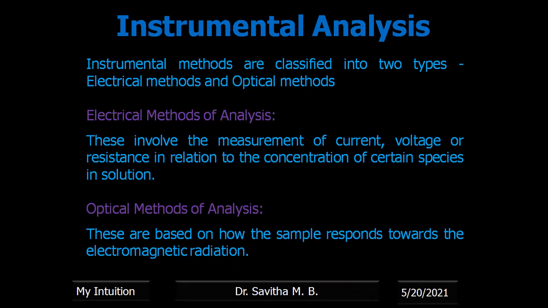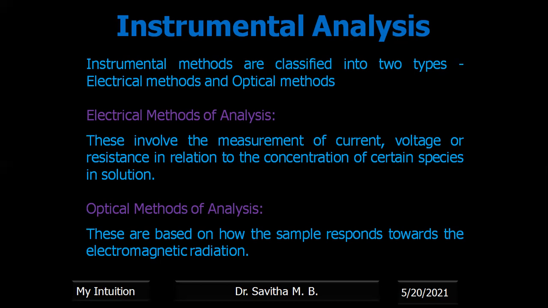Electrical methods of analysis involve the measurement of change in current, voltage, or resistance in relation to the concentration of certain species in the solution. Optical methods of analysis are based on how the sample responds towards electromagnetic radiation. By these two methods, we can find out the concentration of a given species in a sample solution.